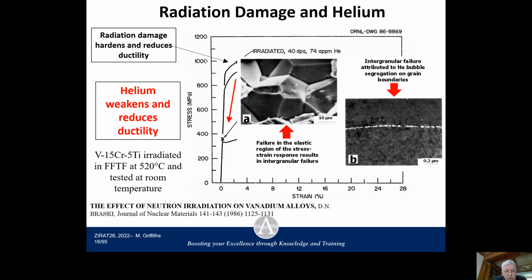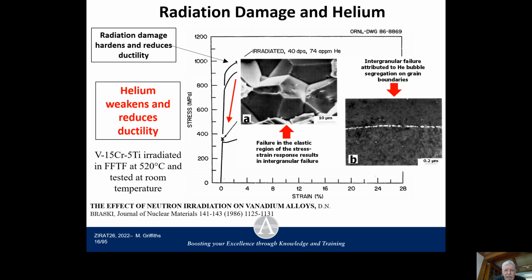When they looked at the fracture surface, it was clearly intergranular. And he showed that this was associated with helium, I don't know whether you can call them bubbles, but certainly helium stabilized cavities on grain boundaries. That's something you have to bear in mind, that's a characteristic of this embrittlement.